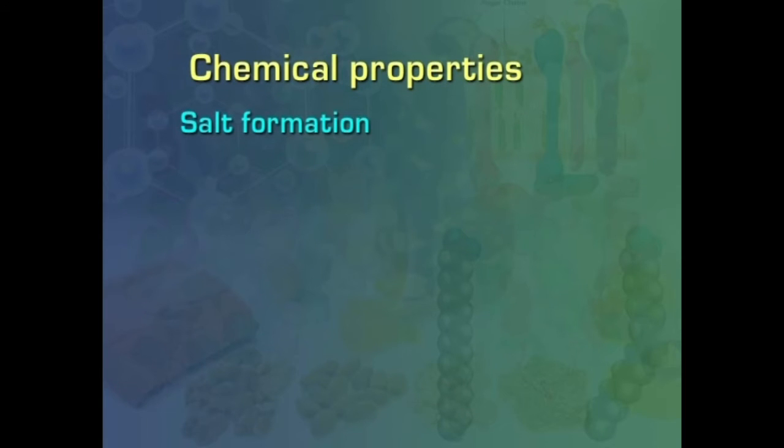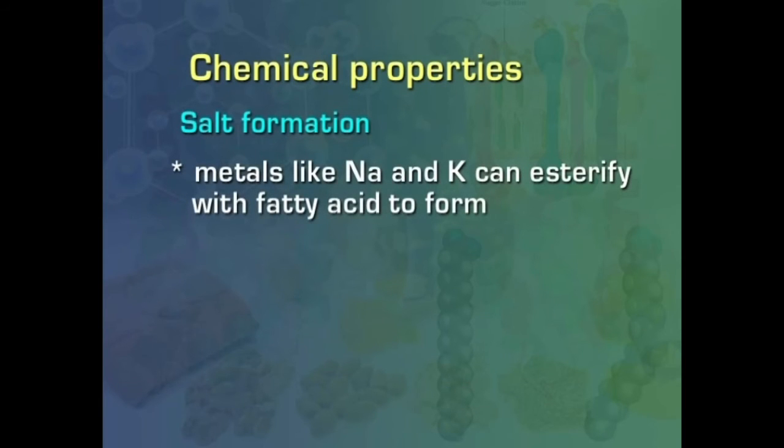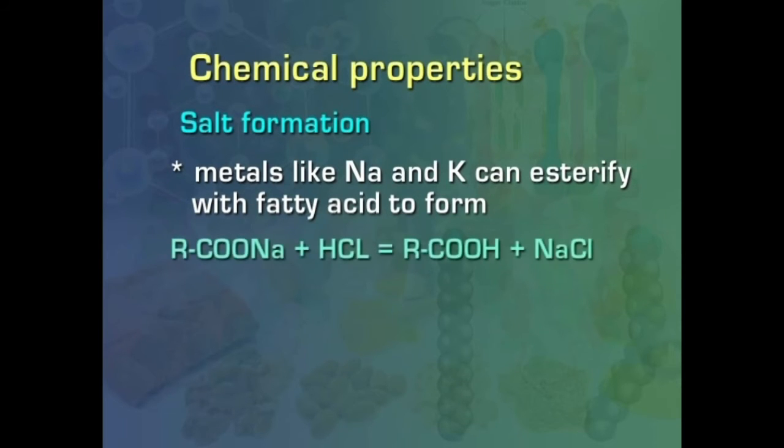For example, metals like sodium and potassium can react with a fatty acid to form RCOONa, R meaning the hydrocarbon chain, COONa is the COOH portion which combines with the sodium. The chlorine part of a sodium chloride joins with the hydrogen that is released to form HCl.